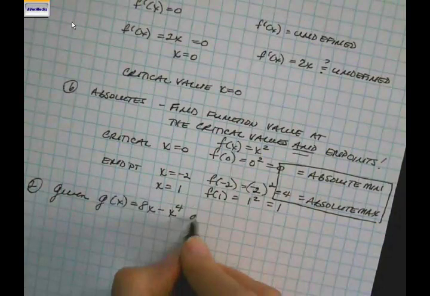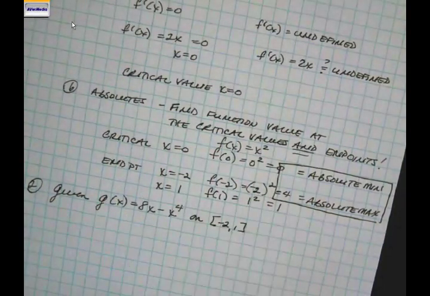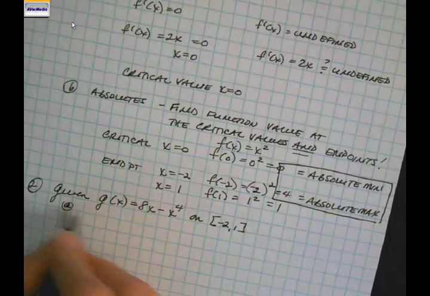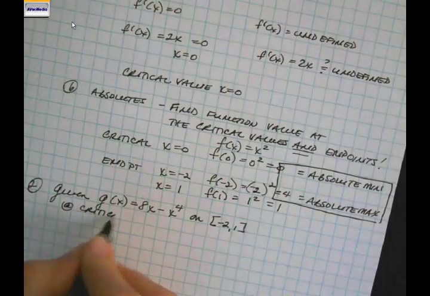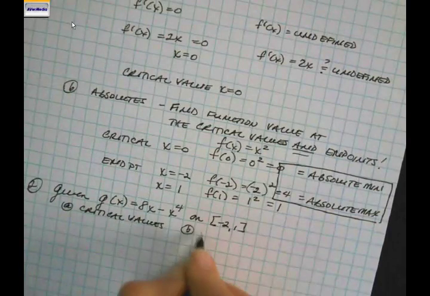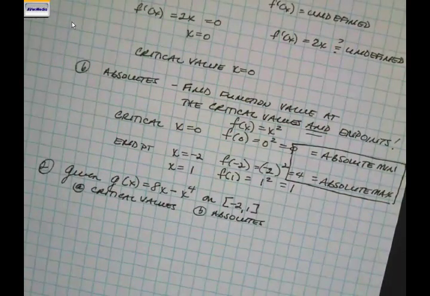So we're giving the interval, or the domain, of -2 to 1. They want to know what are the critical values and what are the absolutes. So part A is what are the critical values, and part B is what are the absolutes, if there are any. There might not be, but because this is limiting the domain, there probably is.